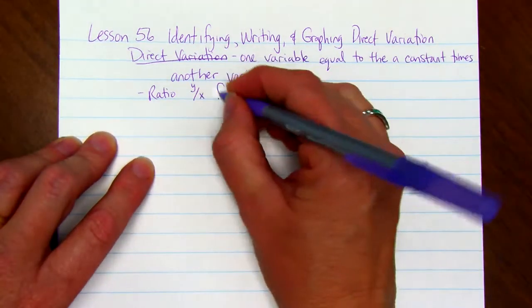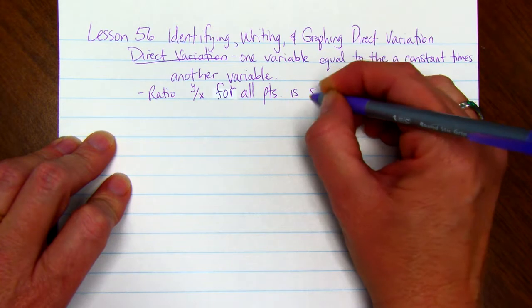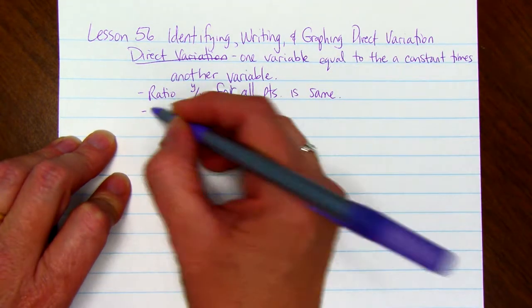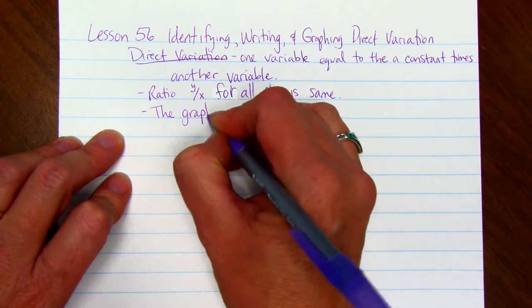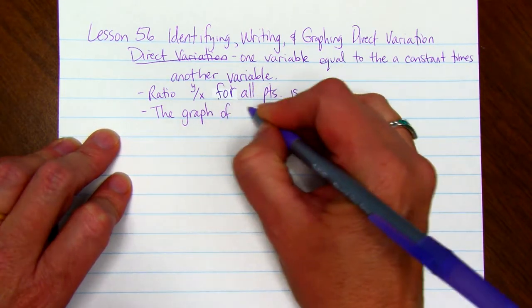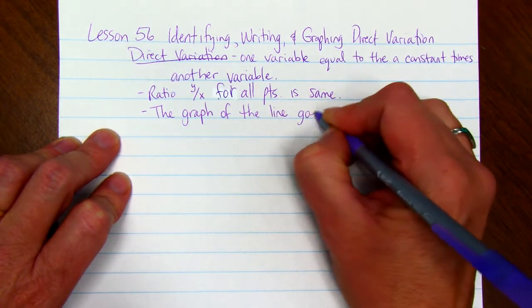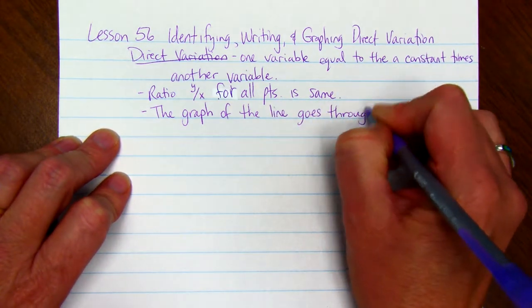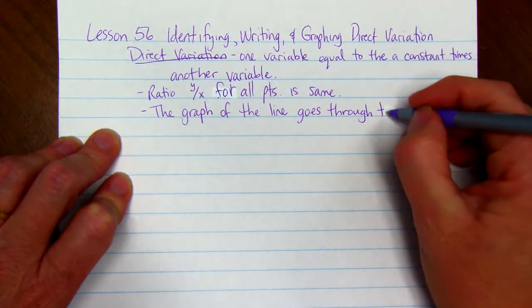So the ratio y over x for all points is the same. It's actually equal to a number which would be k. The graph of the line goes through the origin or lines up with the origin if they're just points. And origin, remember, is the point 0, 0.